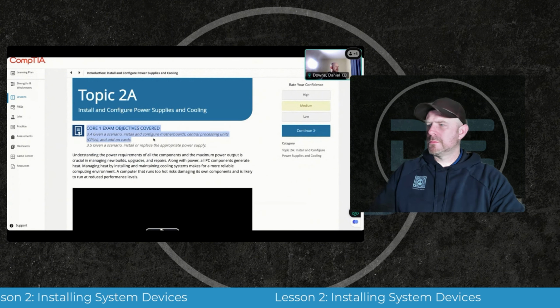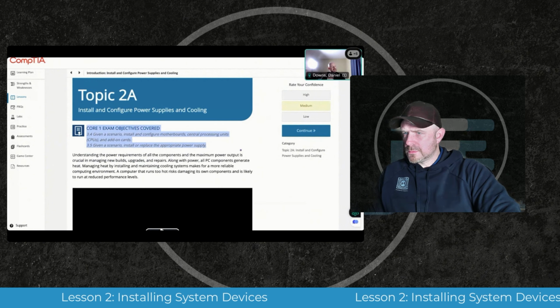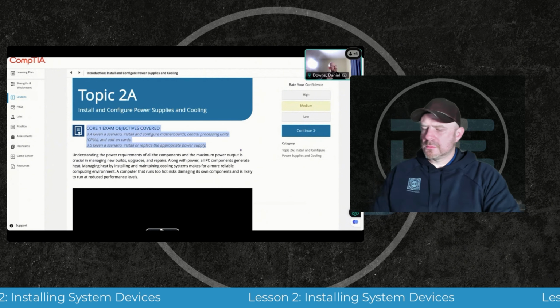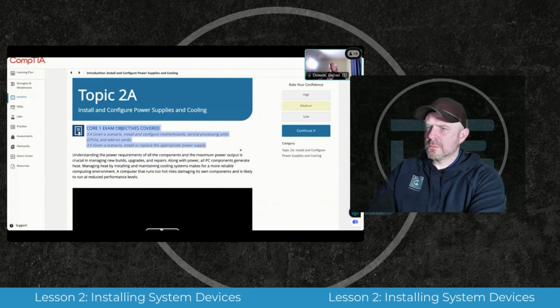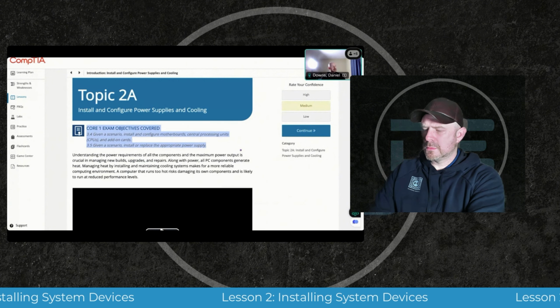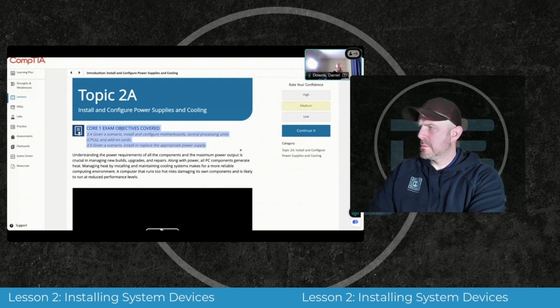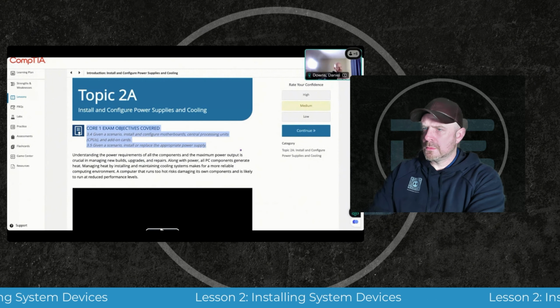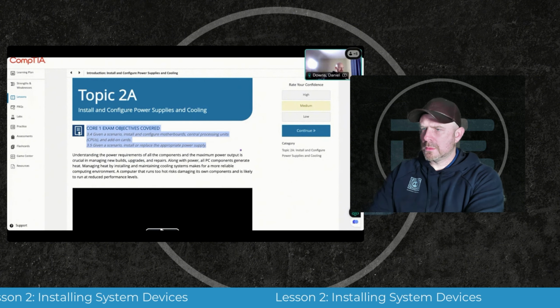The objective here: install and configure power supplies and cooling, given a scenario. When they say given a scenario, they're referencing the troubleshooting methodology, that you're going to be given a scenario which could have different questions about what's happening, and install and configure motherboards, central processing units, CPUs, and add-ons.